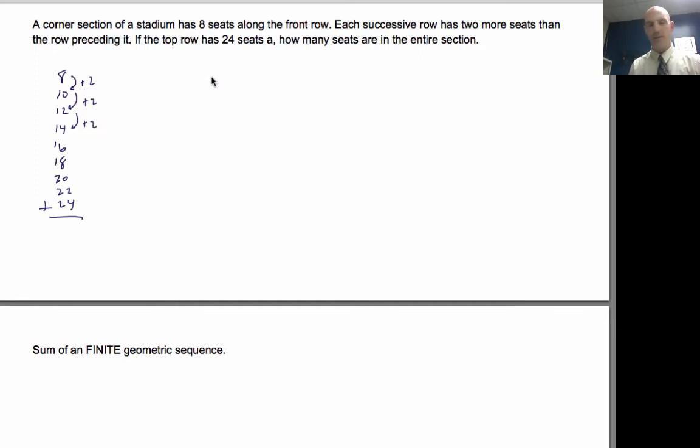You've got a common difference. My a sub 1 is 8, and my common difference is 2. If I define this arithmetic sequence, because you're adding 2 every time, I have 8 plus n minus 1 times d, which is 2.